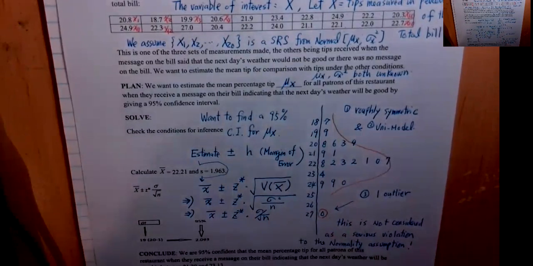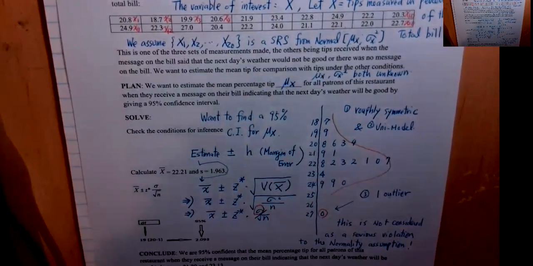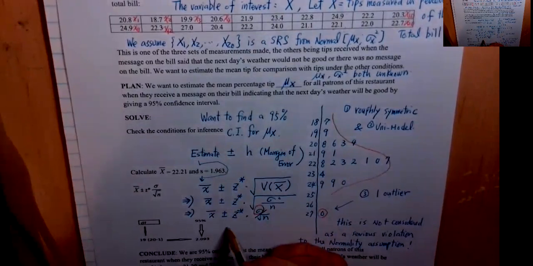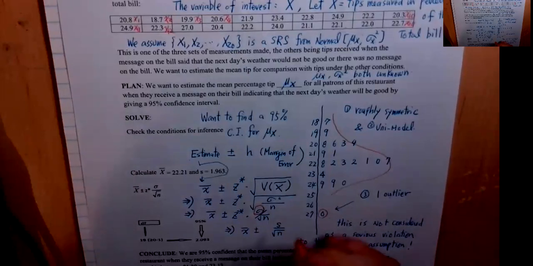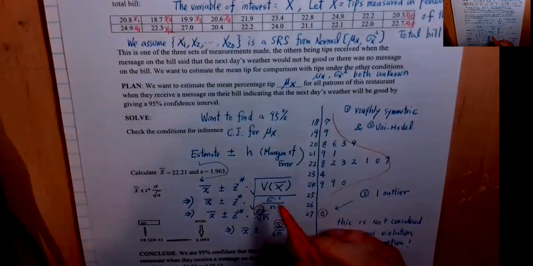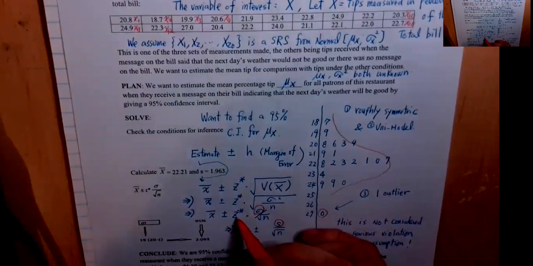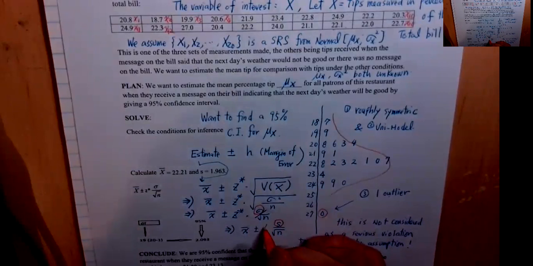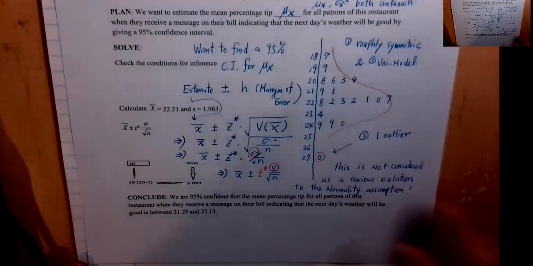But in real life applications, we don't know sigma. Sigma is unknown, so it is replaced by S. When we don't know the population standard deviation, we estimate it by the sample standard deviation. The resulting statistic is no longer Z; it becomes the student T distribution.